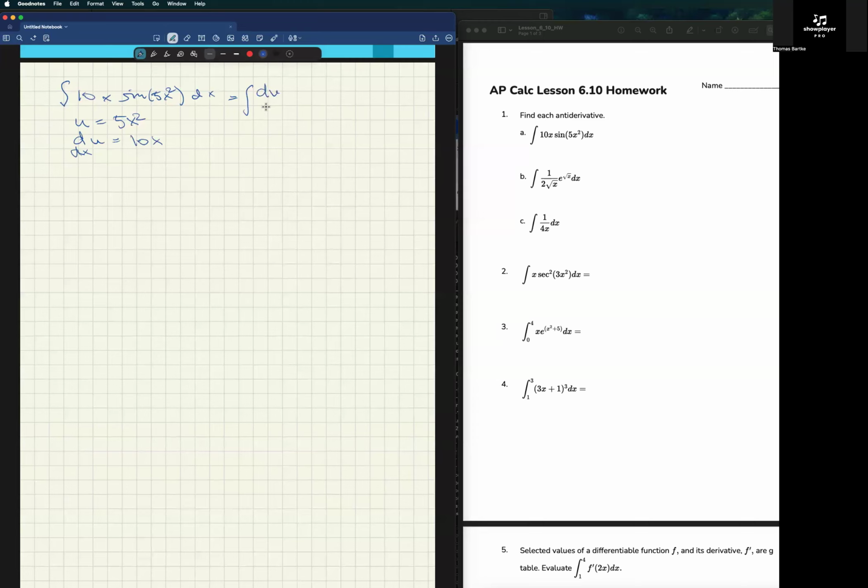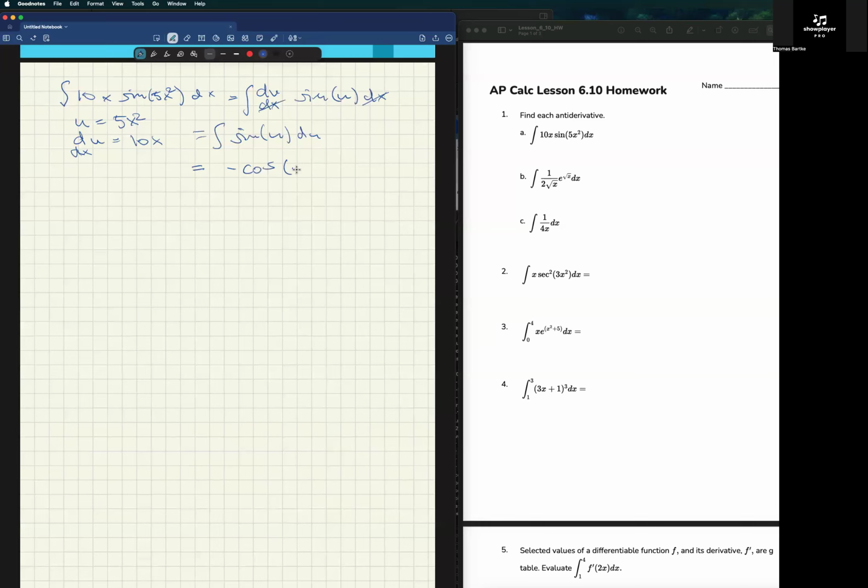So we'll rewrite it as integral of 10x. We said we would do du dx here, 10x, that covers that, and then here sine u dx, and the dx cancels, so we are left with sine u du, and the antiderivative of that is negative cosine, right?